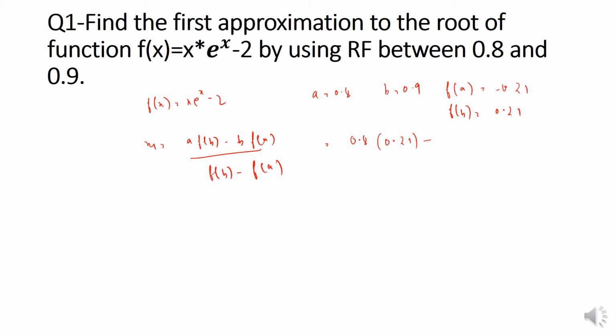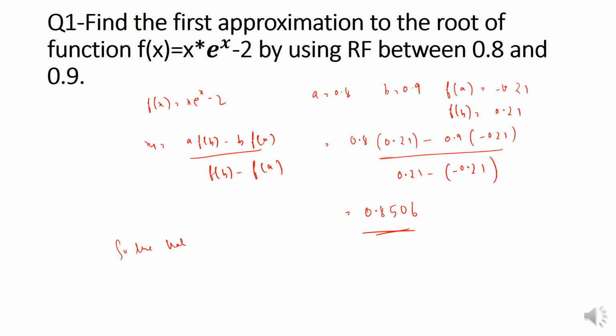So x1 is equal to (0.8 into 0.21 minus 0.9 into minus 0.21) by (0.21 minus of minus 0.21). Using a calculator, the answer is 0.8506. So the value of x is 0.8506.